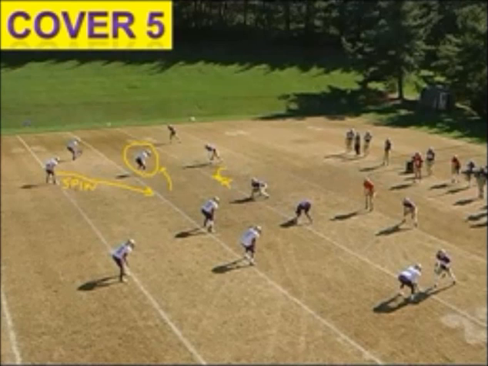The reason it's the free safety and not the boundary safety is that the free safety is to the passing strength. So we want to run Cover 3 and Cover 5, rotating down to the passing strength.